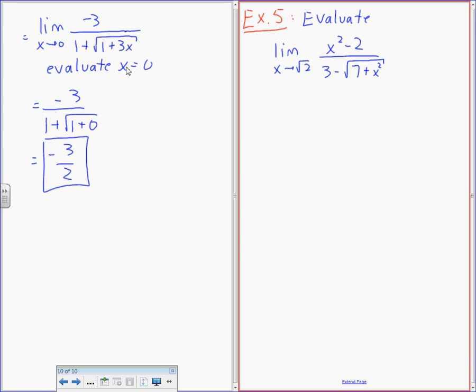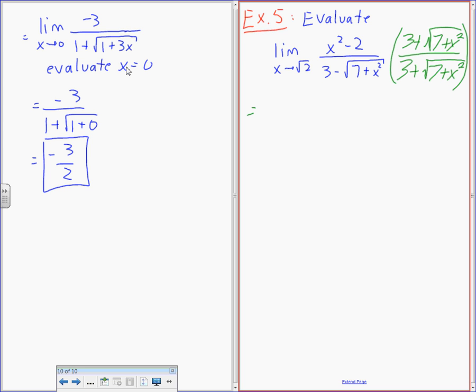Okay. So, if you have been asking for help, then you probably heard us say to multiply by the conjugate of this here. So, we multiply by 3 plus root 7 plus x squared. Remember, you're getting 0 over 0.